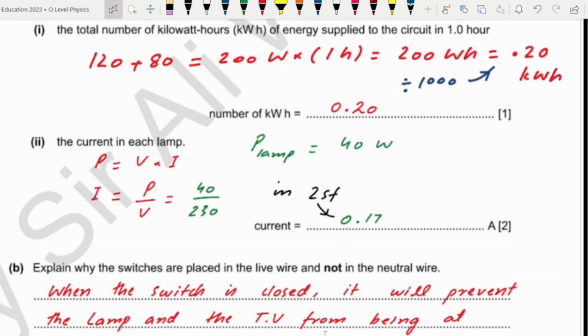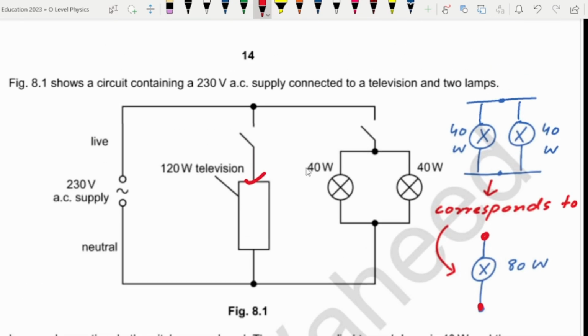In the second one, you need to find the current in each lamp. Power is given, voltage is given, you can easily find the current. So you see, what is the voltage across this lamp? It is connected in parallel with this AC supply, so the voltage across this one would also be 230. Voltage across this one would also be 230. Voltage across this one would also be 230, because all of them are connected directly to the power supply.